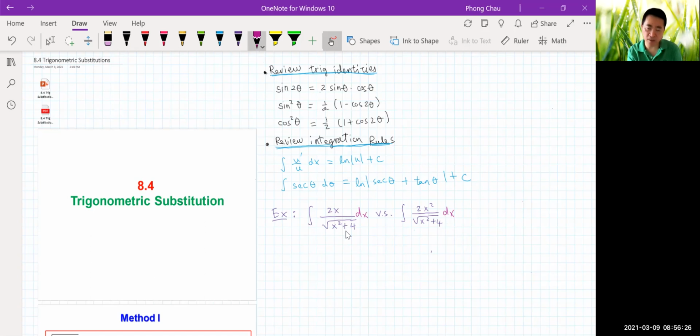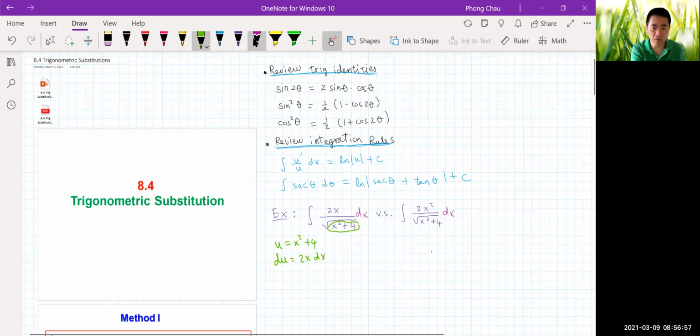When you see the x squared plus 4 and 2x, I know for sure. If you call this u, then you see that the derivative is 2x dx, and that is here. See the 2x? That's how I recognize this could be done using substitution.